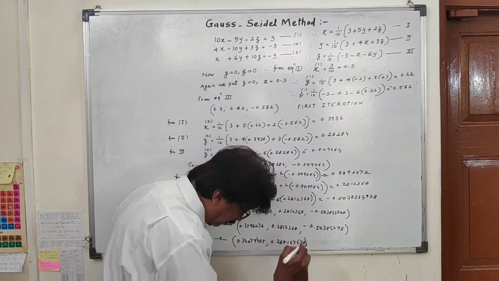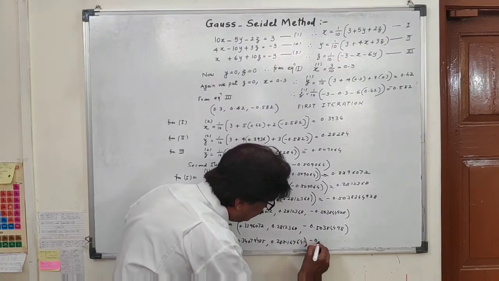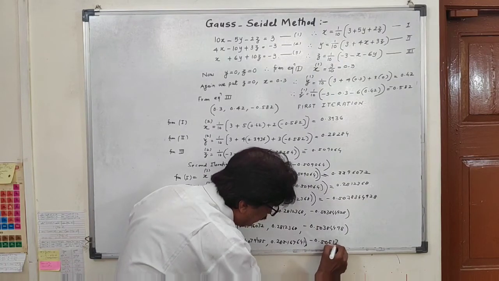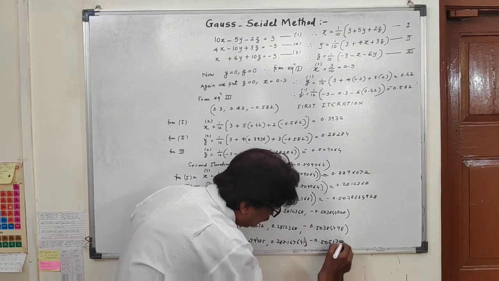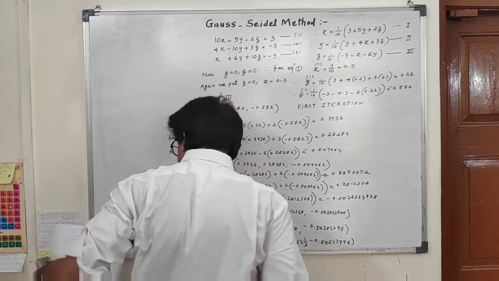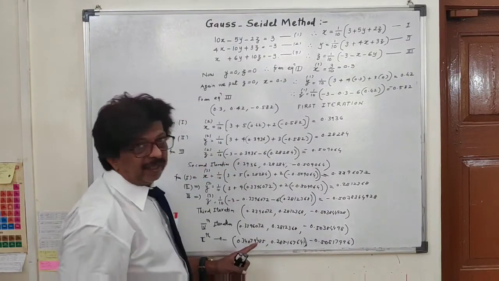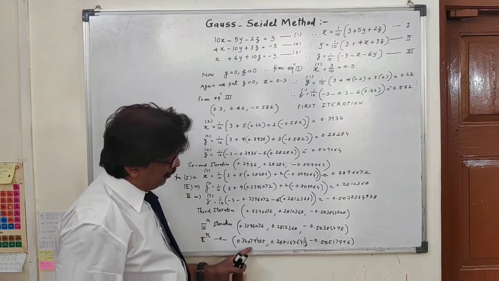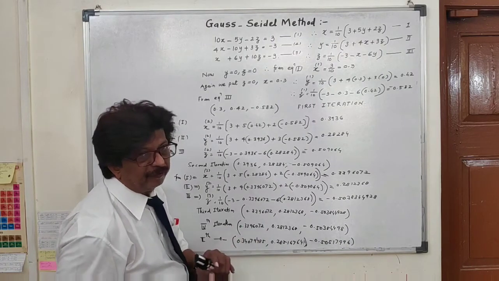Sorry, and the z value is minus 0.5051796. So the last iterated values are x5, y5 and z5.